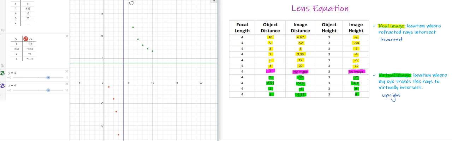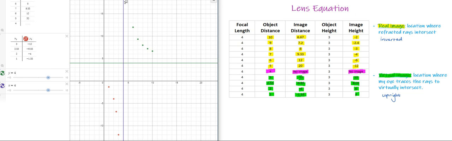And for the eagle-eyed among you, you may notice that these values being 4 is actually the focal length of the lens. So if I changed the focal length of the lens, the asymptotes would adjust. Now mathematically we know that a function is not defined on the asymptote. There's no output value for an input on the asymptote. And that's the same thing here.